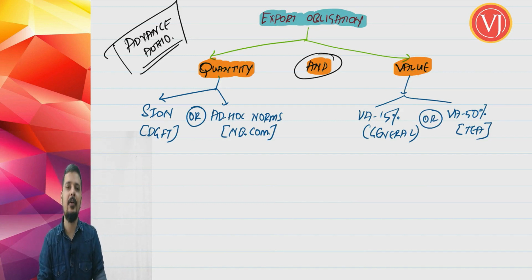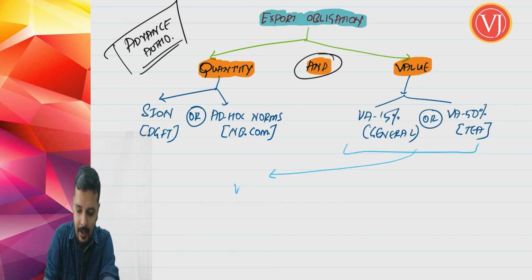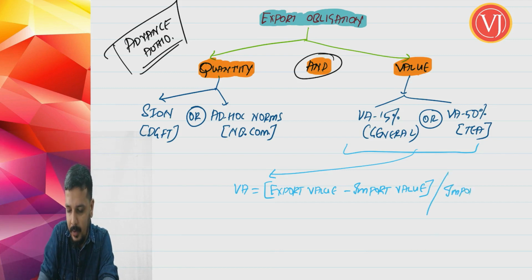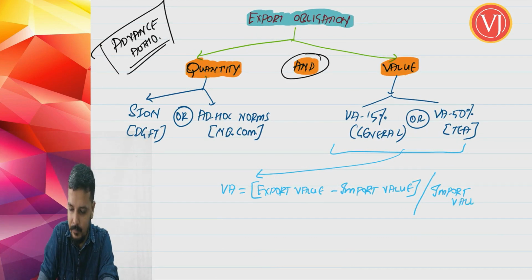Now friends, what is this value addition? How to calculate this value addition? Value addition is equal to your export value minus your import value, divided by your import value, multiplied by 100.